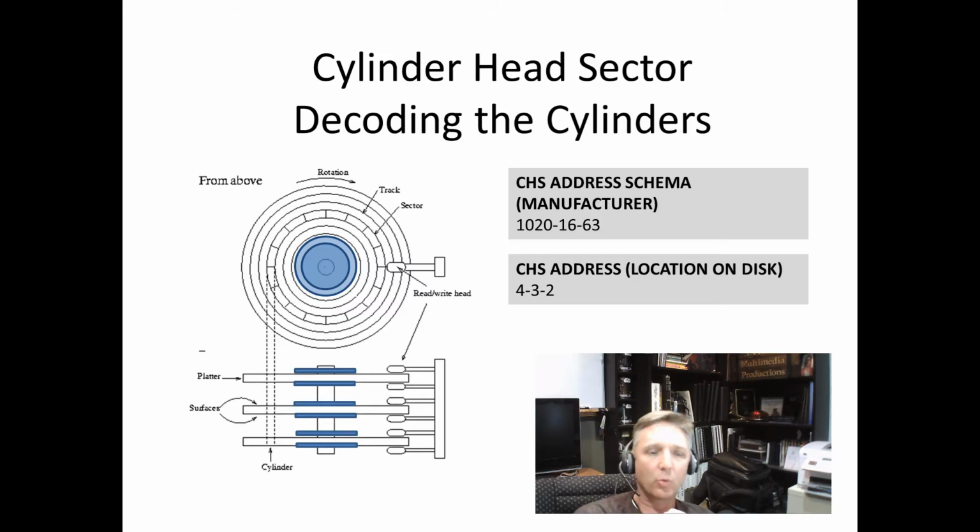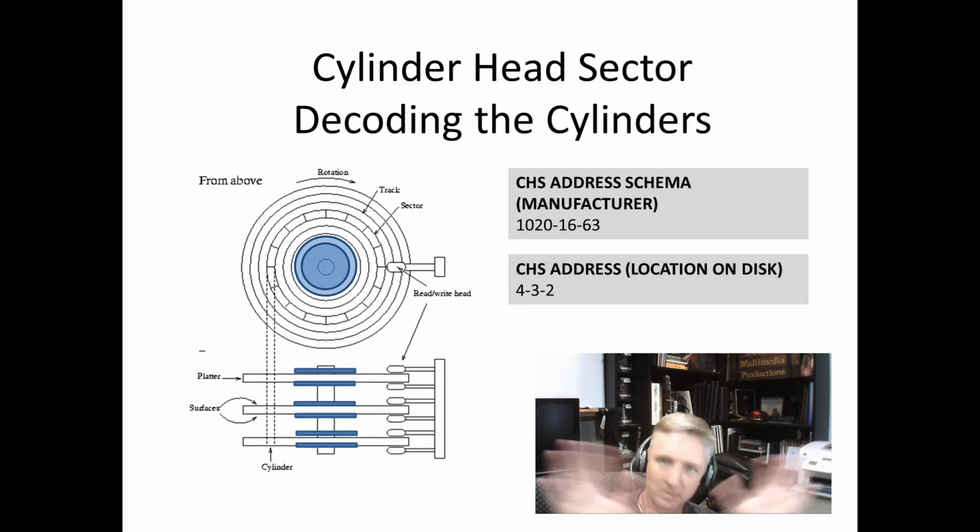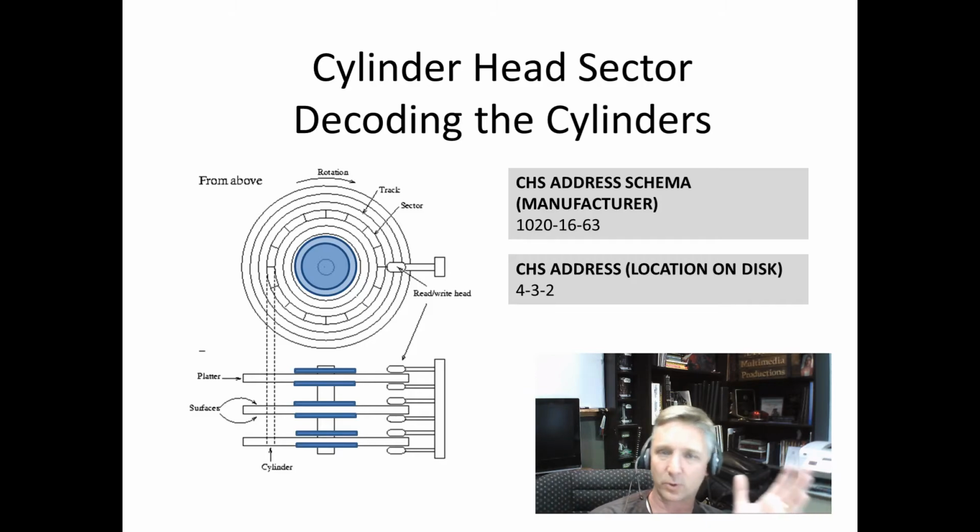And so what the CHS address schema is showing us here, and this is just an arbitrary disk location, we're just saying there's a file located at CHS 4-3-2. And all that's saying is we're going to take the first 4 cylinders, and then we're going to go down 3 heads from the top.